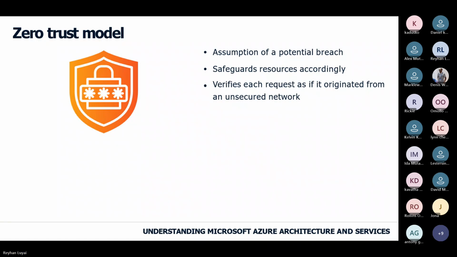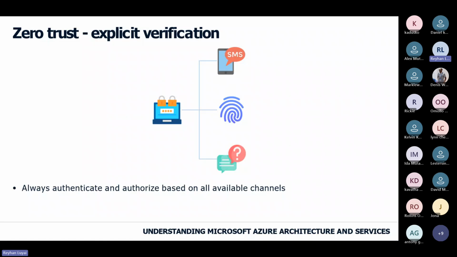Number one is explicit verification, and it states that you should always authenticate and authorize based on all available channels. Modern features such as multi-factor authentication simplify the implementation of this explicit verification, and it ensures easy validation of a user's identity.